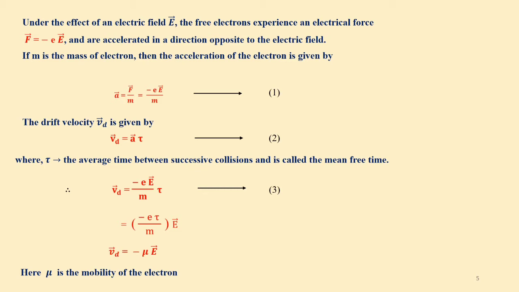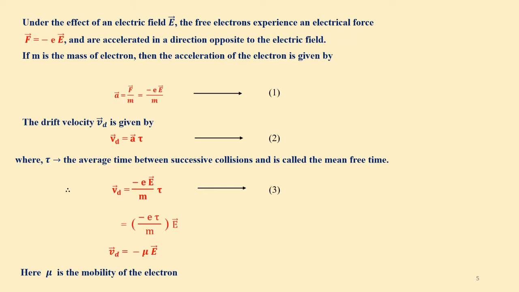While changing its path, it may collide with another ion. So these two collisions are called successive collisions, and the time taken between these two successive collisions is not the same for all the electrons. This time between two successive collisions will be different for different electrons, and we get an average value that is called the mean free time tau.